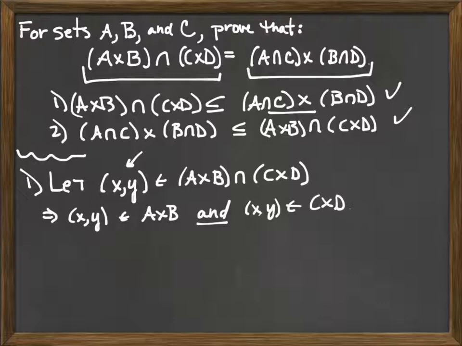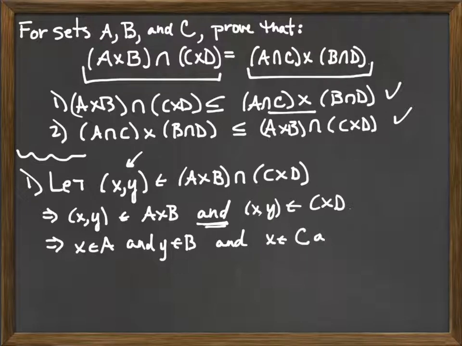If xy is in A cross B, this means x is in A and y is in B. And as well, we also have that x is in C and y is in D. That's what xy being in C cross D means.